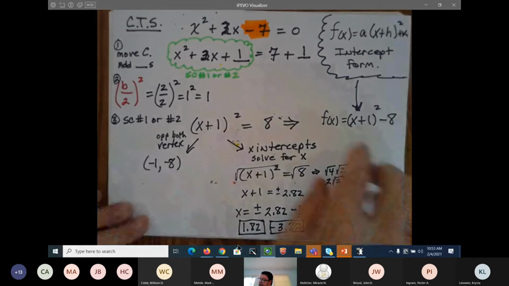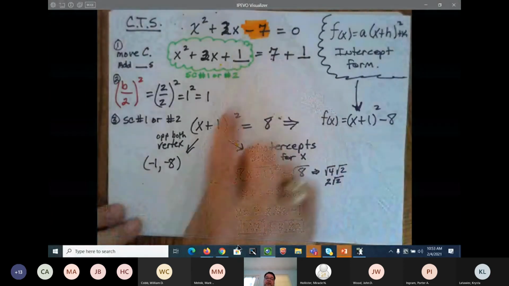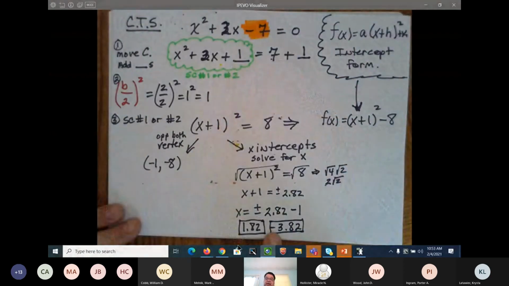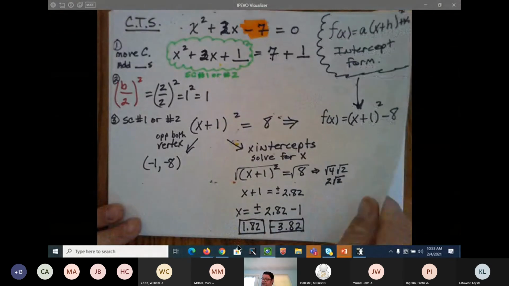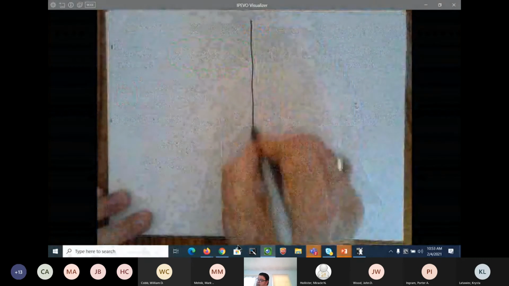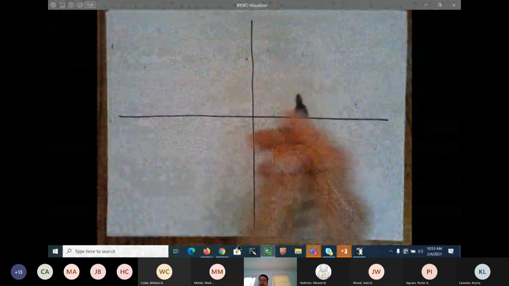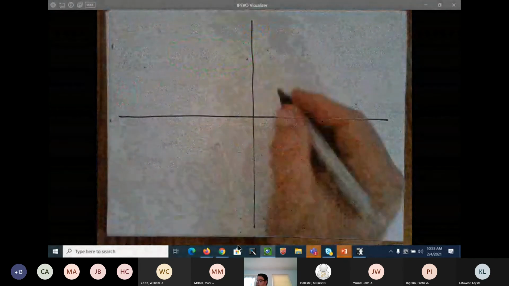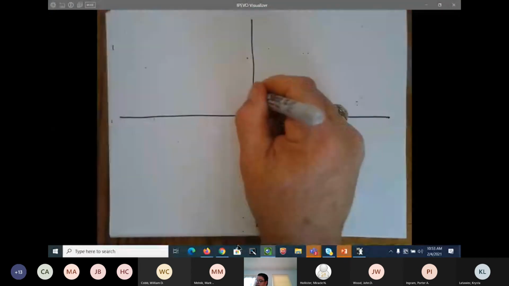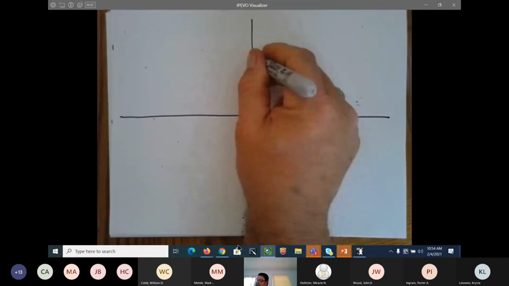All right, so I've got my Y-intercept, I've got my vertex, and I've got my X-intercepts. So now I go to my handy-dandy graph. And I do my Y-intercept, 1, 2, 3, 4, 5, 6, 7.